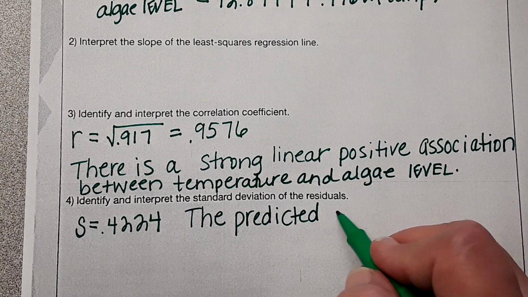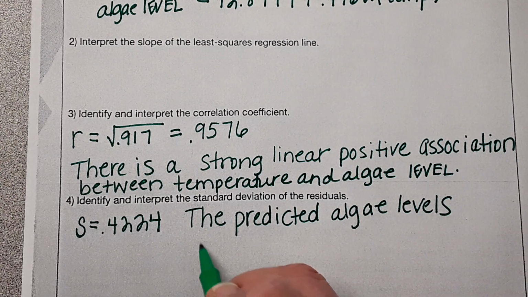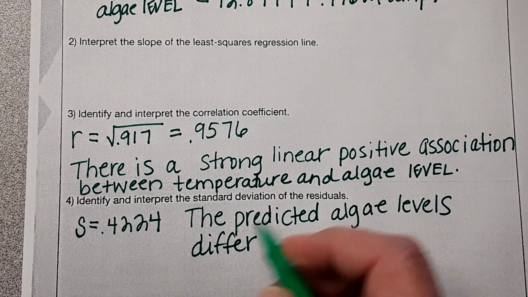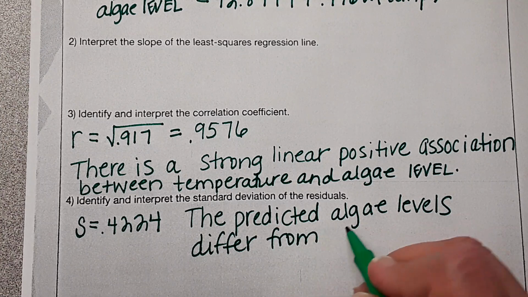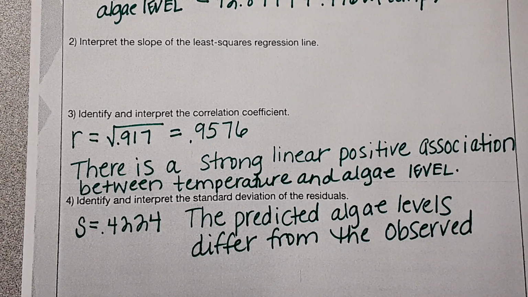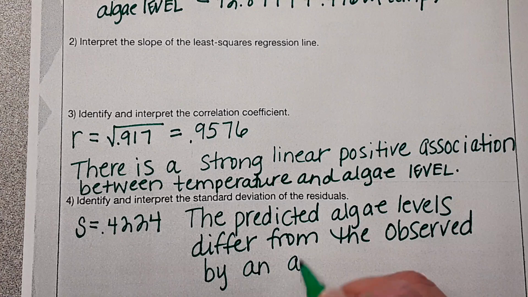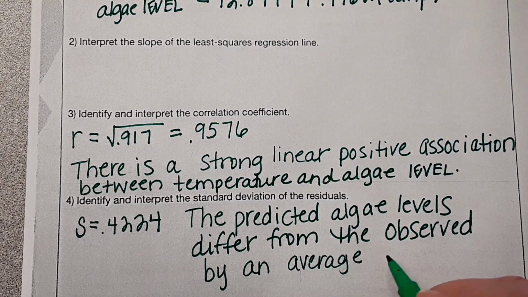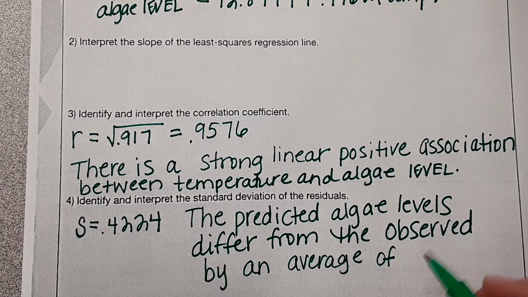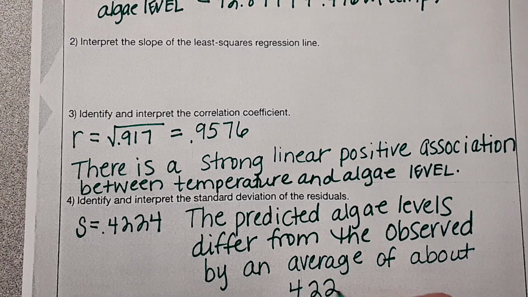Algae levels. So the predicted algae levels differ from the observed, because a residual is the difference between observed and predicted, by an average of about 0.4224.